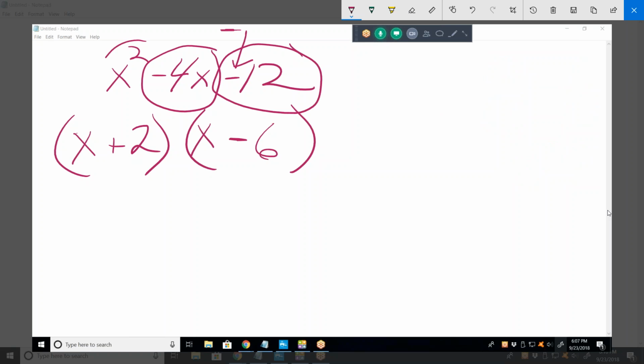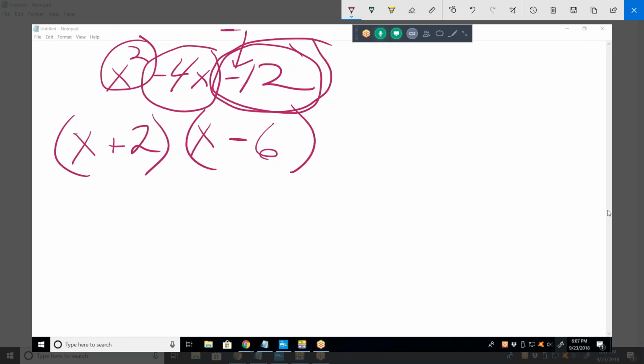We know we have this term right. It's not hard to split up x squared into x times x. We know we have this term right. It's not hard to factor 12. Plus 2 times minus 6 is minus 12. So there's really only one term there that is in doubt, and it's the middle term.